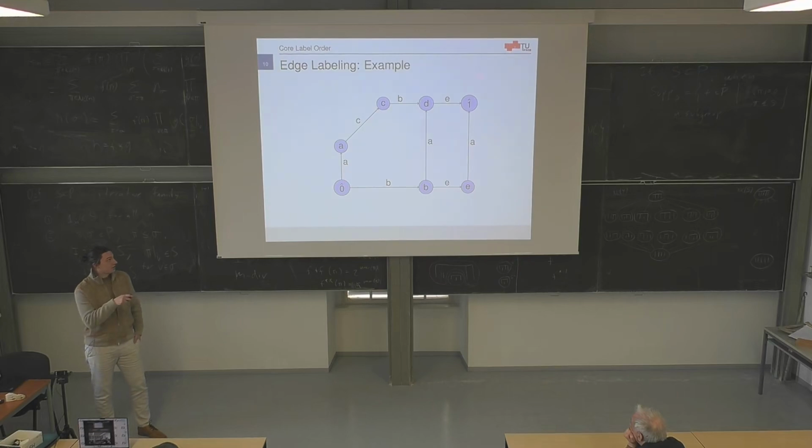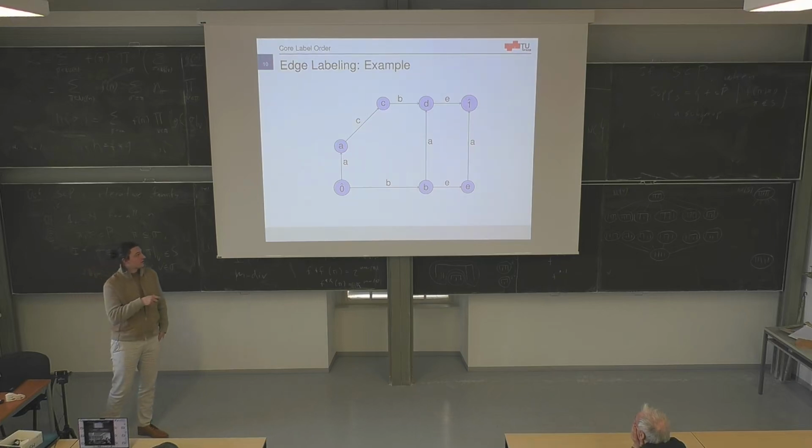And for example, the edge B to D is labeled by A, because when I consider A and B, the meet is exactly the 0 element, which is the down cover of A. And when I take the join between A and B, I'm getting B. So this is the edge labeling for this semi-distributive lattice.